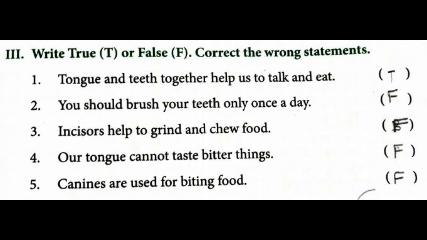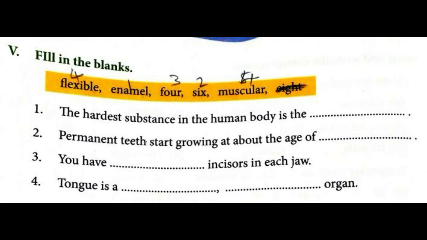Fourth one, our tongue cannot taste bitter things. False. Our tongue can taste bitter things. Fifth one, canines are used for biting food. False. Incisors are used for biting food. Next, fill in the blanks.